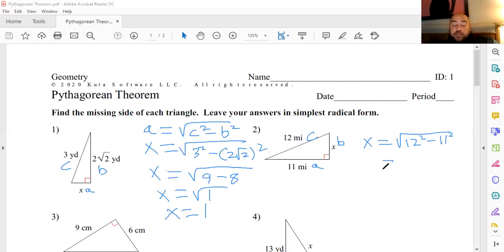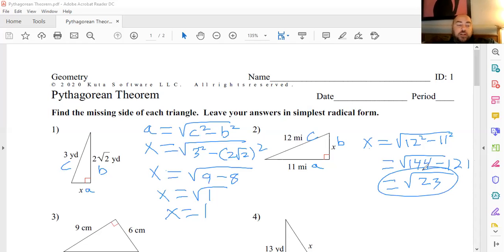So that's going to give us the square root of 144 minus 121, or the square root of 23. And 23 is a prime number, so there's no reducing that. So that's our answer. Okay, so that's how the first couple work.